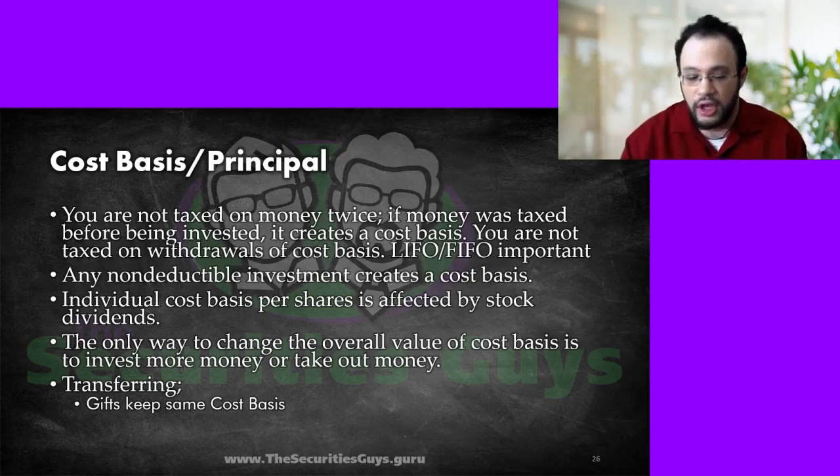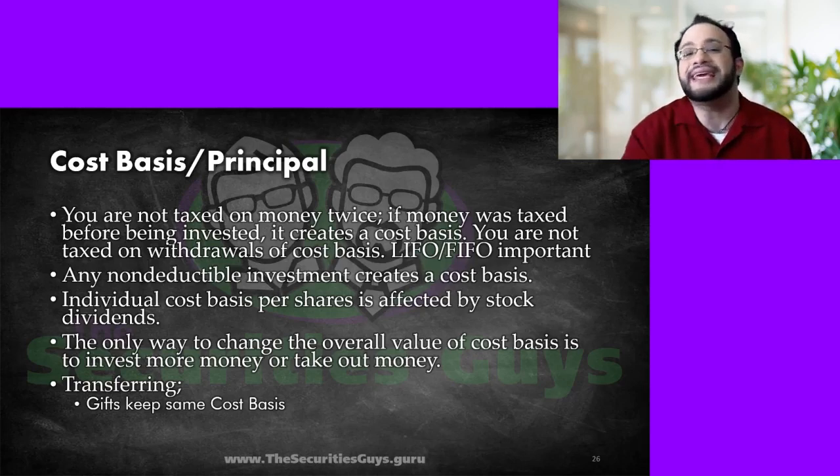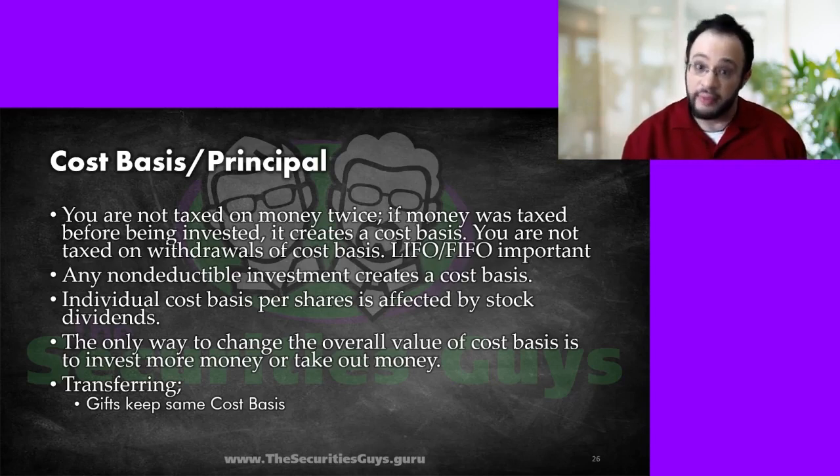So when I give this now $500,000 in value to Brian Jr. and Brianna, they're going to get value of $250,000 each, but they keep the same cost basis I had. I had a $1,000 cost basis, so now that $1,000 cost basis is going to be split between the two of them, and each of them is going to have a cost basis of $500. Meaning if they went and sold it, they're going to have a lot of capital gains likely to pay.